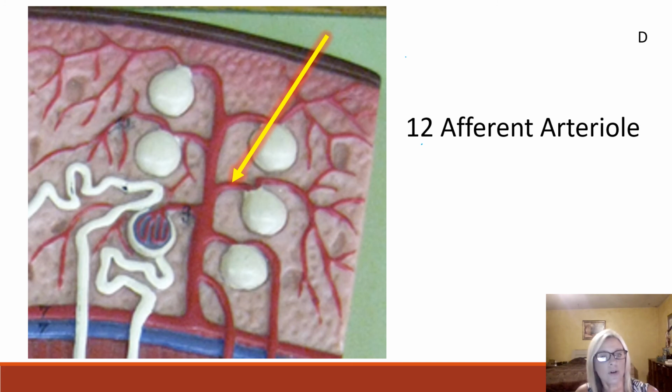This is larger than the efferent arteriole. It's a little bit wider, so it can provide an increased blood pressure in the glomerulus, and this allows ultrafiltration to occur. More blood reaches the efferent arteriole, which is smaller, and because that's smaller, we're able to increase the blood pressure in the glomerulus. Well, that's going to therefore increase the hydrostatic pressure, or pressure from the fluid.